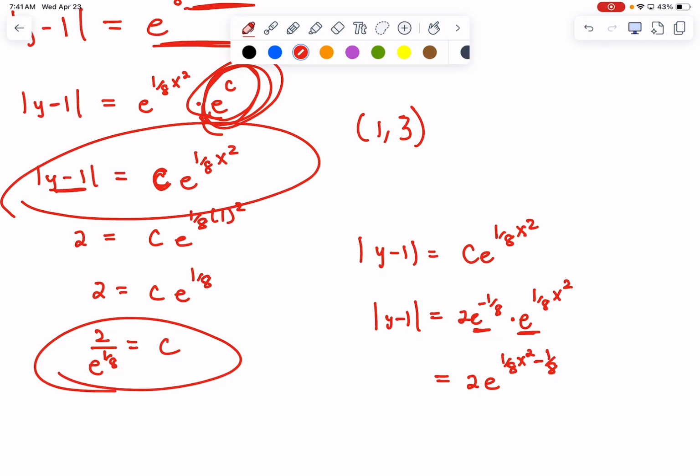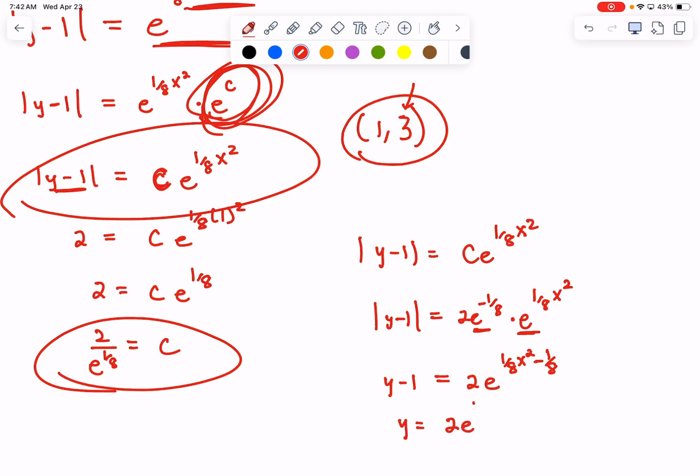And there it is. And then what they do is they drop the absolute values, and here's why. Does anybody know why they have to drop the absolute values? Because when you plugged in 1, what kind of 3 did you get? Positive. So you know that the solution is going to be positive for y, so you can drop the absolute value. And then for the final answer, you just add the 1.